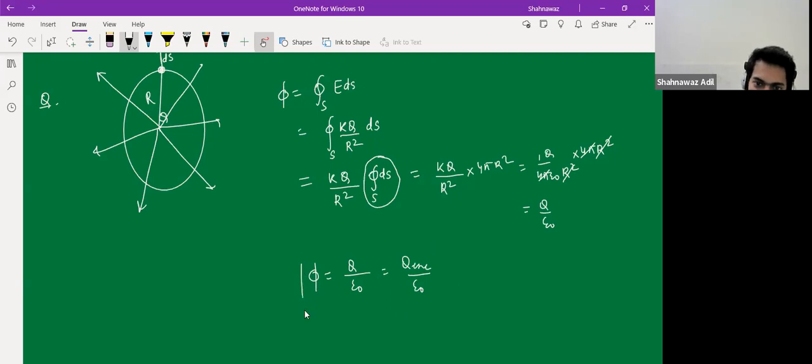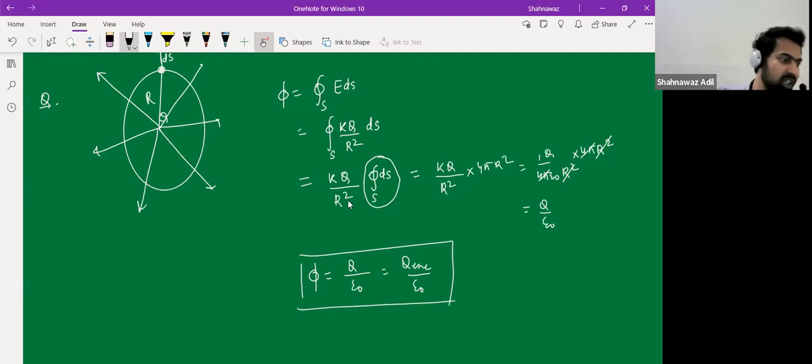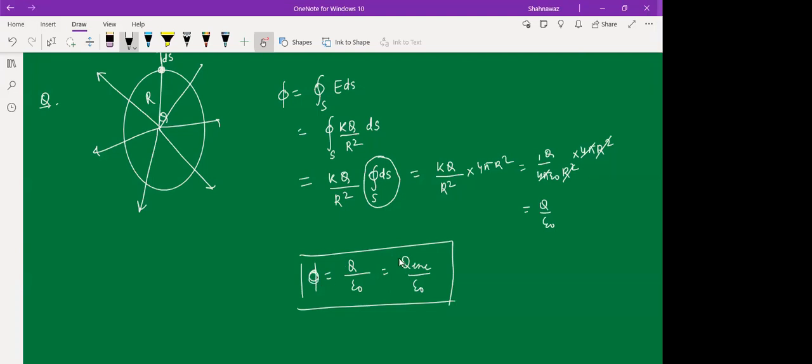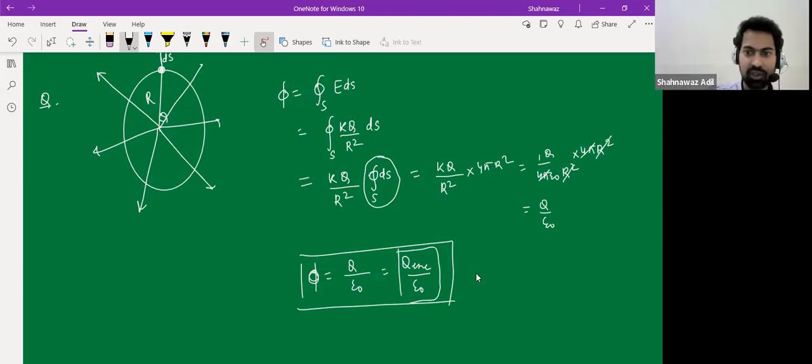So for a closed surface, my flux phi would be how much? Q enclosed by epsilon naught.